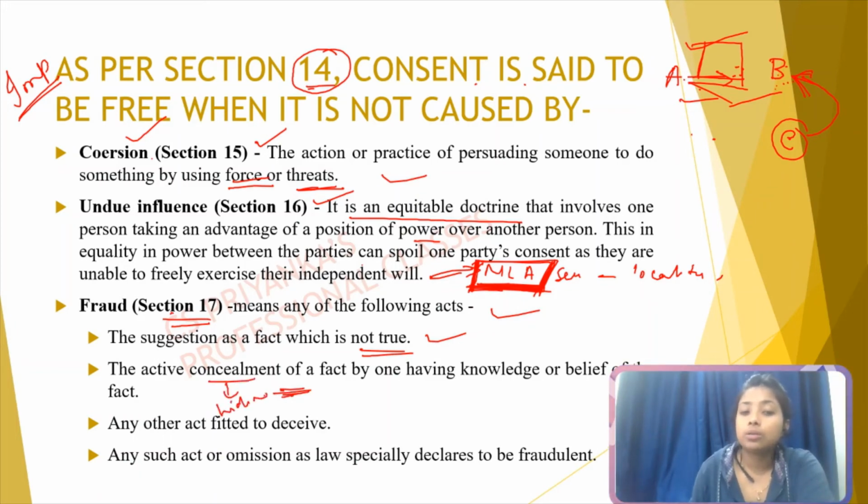For example, you don't have all the papers of your property, but whenever you are entering into a contract, you are simply hiding it. You are just concealing the main fact from the other person. That is also a type of fraud. You are telling everything is okay, but actually you have some disputes in your property or papers. You are hiding an important fact which you should inform to your party.